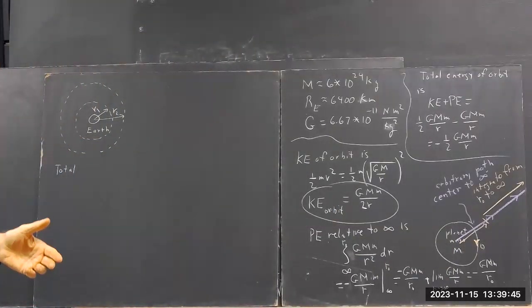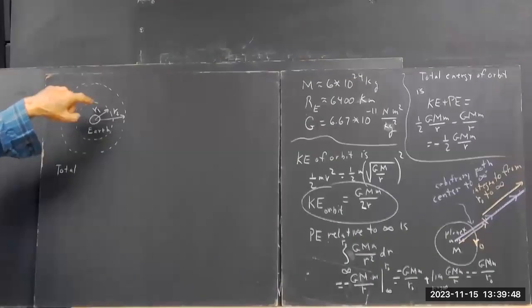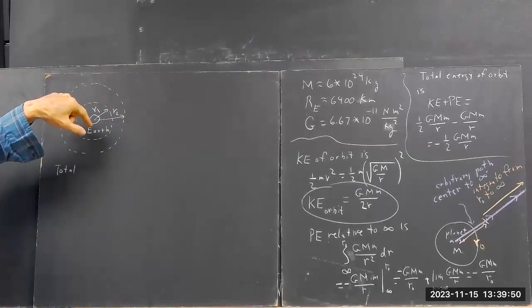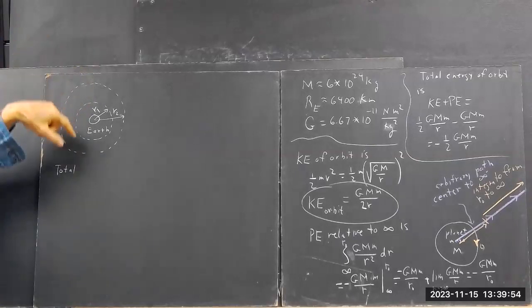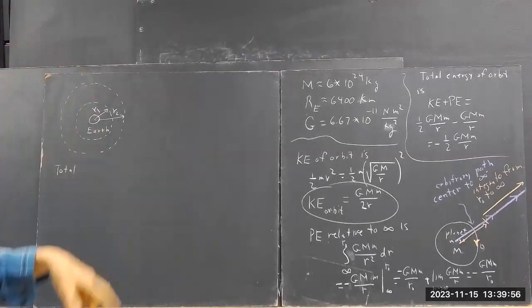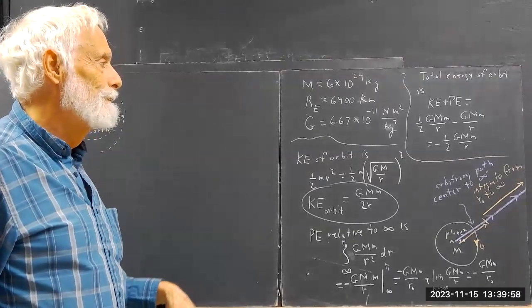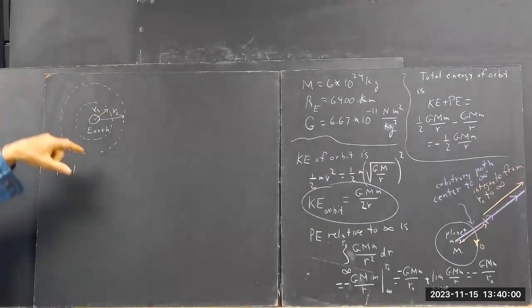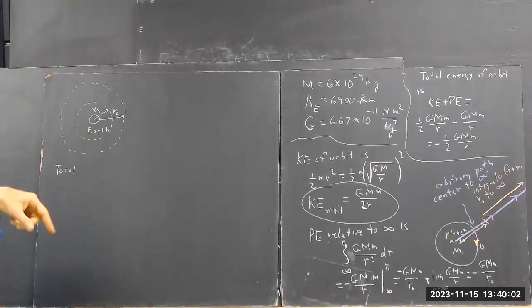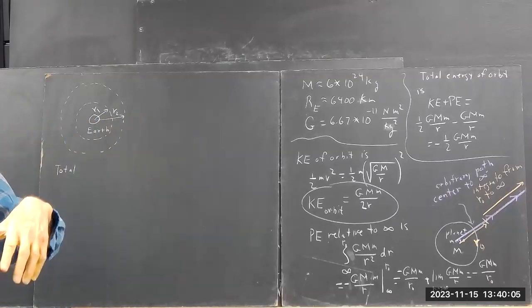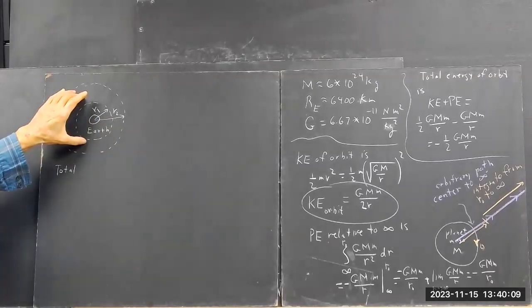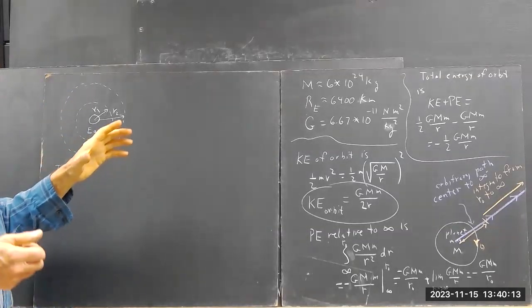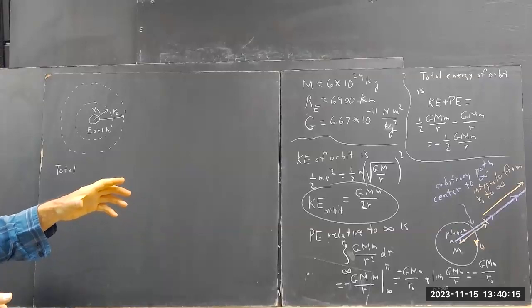So you've got a bigger kinetic energy. Let's talk about the potential energy. Your potential energy is greater in magnitude, but it's negative. So you've got a lot of potential energy, but you also have twice that much negative potential energy.